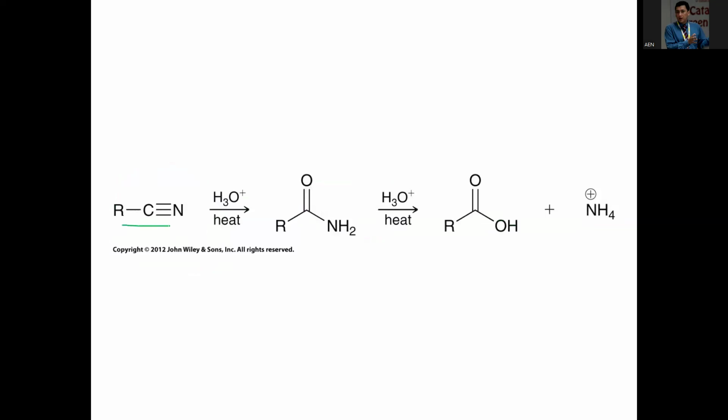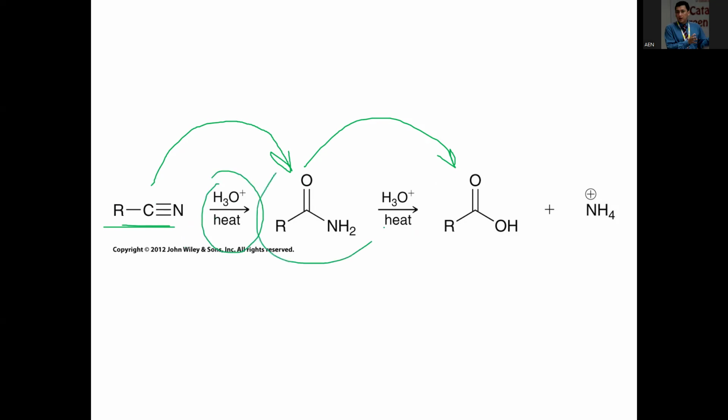Nitriles can also hydrolyze, but the hydrolysis of nitriles has two steps. Why? Because a nitrile is the dehydrated version of an amide, and the amide is the one that gets hydrolyzed. So the nitrile in acid and heat will hydrolyze to an amide, but the amide under the same experimental conditions will hydrolyze. It's really time dependent. The longer you leave it, the fuller the hydrolysis you will get.